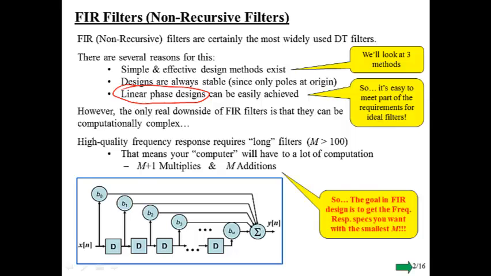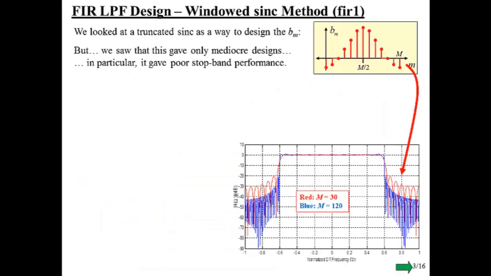So our general goal in designing these things is to meet whatever our desired specs are, but to meet that with the smallest number of coefficients that's possible. We've already looked at taking a sinc function and truncating it as a way to design these coefficients, and we saw, yeah, well, it worked, but we didn't really get the best performance. The pass band was kind of okay, but the stop band, not so good, and that was even going out to 120 elements.